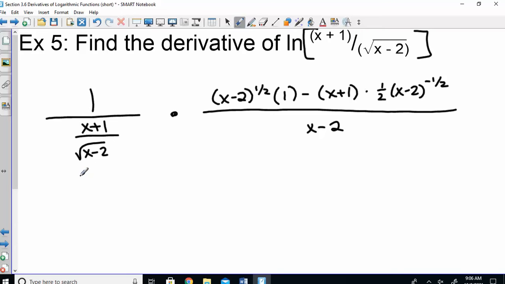Let's see. Fraction and a fraction, what do we do? Flip and multiply. So that would put the square root on top, or I'm going to write it as x minus 2 to the 1/2 on top, and the x plus 1 on the bottom.